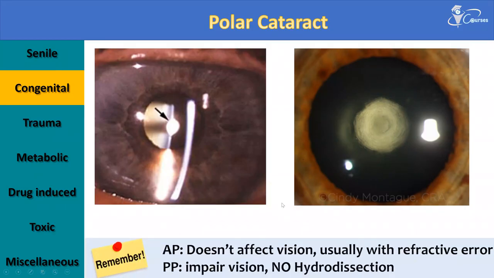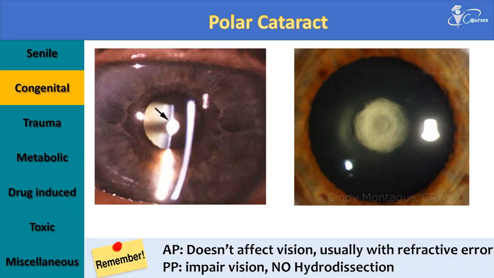Okay, so here is the important data about the polar cataract. The anterior polar cataract usually doesn't affect the vision, and we don't do surgery for it, but it is just removed with the capsulorhexis during removal of other kinds of cataracts such as nuclear or posterior subcapsular.